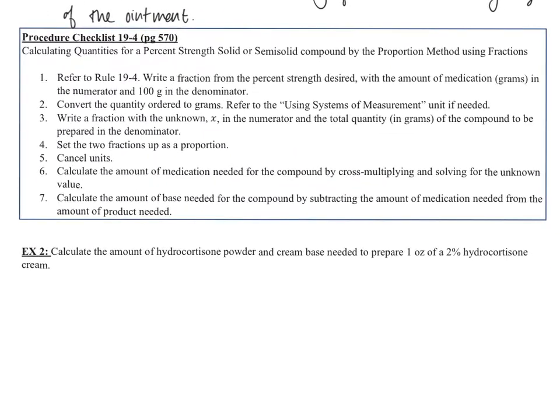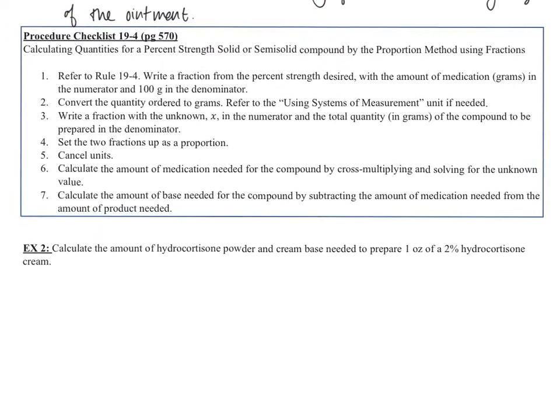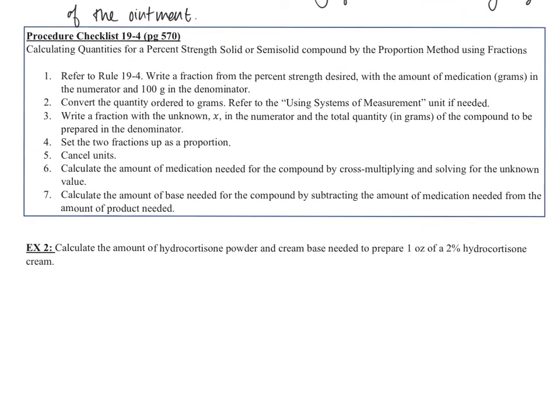Alright, for our procedure checklist 19.4, this is calculating quantities for percent strength solid or semi-solid compound by the proportion method, and using fractions instead of ratios. So we're going to refer to rule 19.4. Then we'll convert the quantity to grams. Step 3, write the fraction with the unknown x in the numerator and the total quantity in grams of the compound to be set up in the denominator.